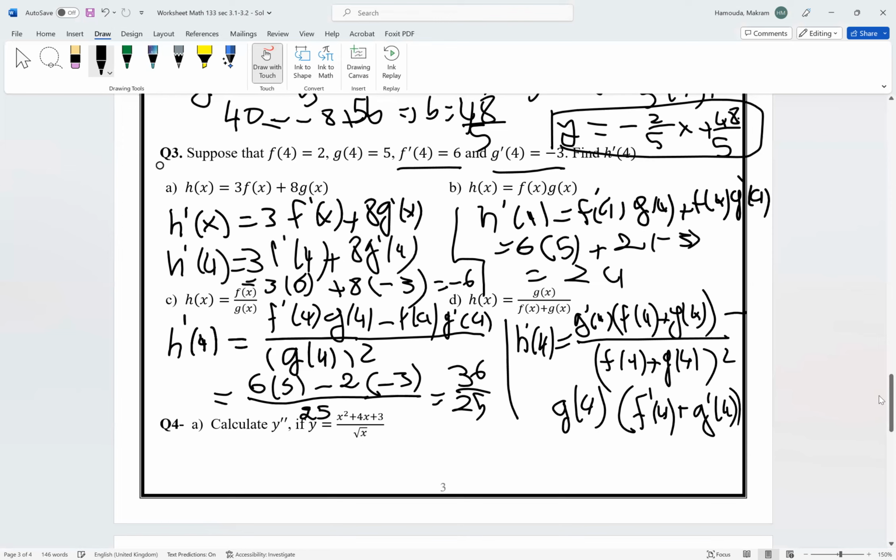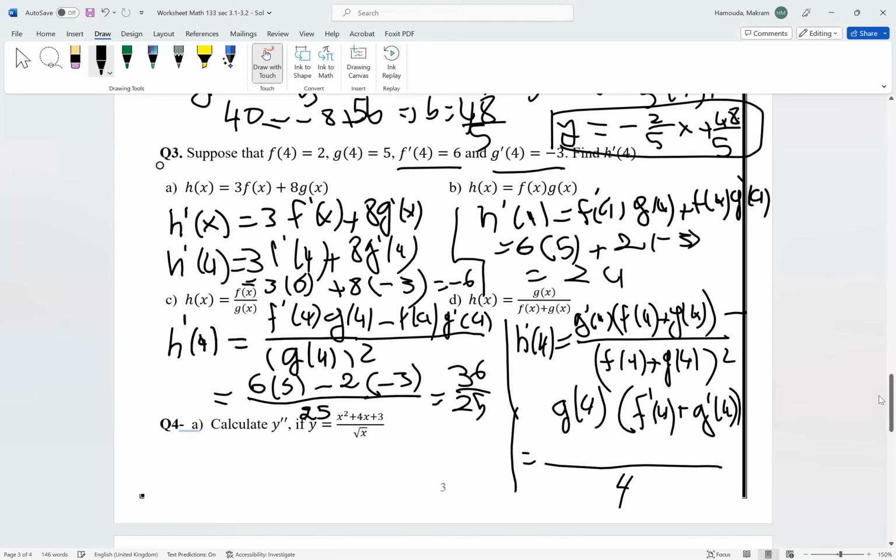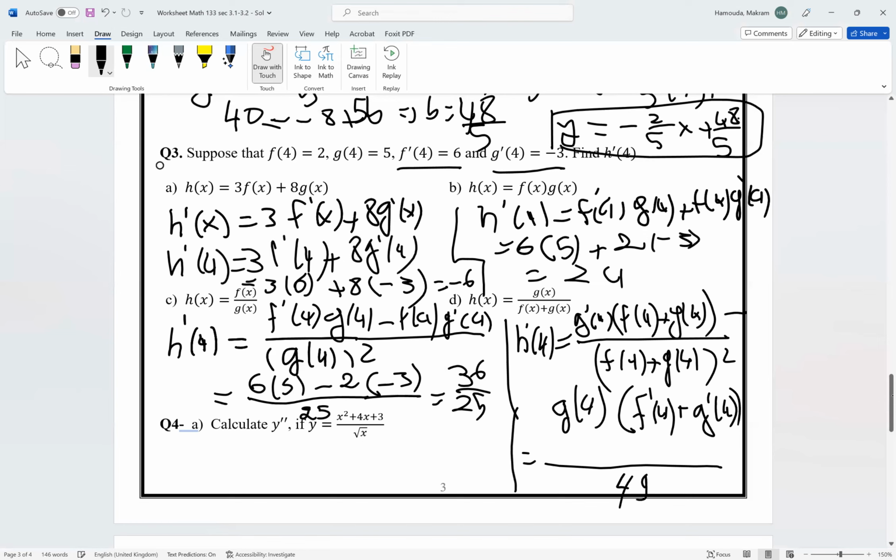Okay, now computation. It's f of 4 plus g of 4, the sum, so it's 7. 7 squared, that means 49. Now, g prime of 4, this is minus 3, times the sum, which is 7, minus g of 4, which is 5, times the sum of the derivatives.